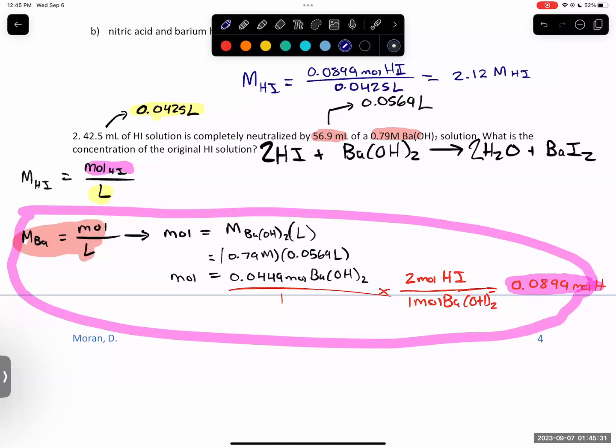All right, give me a second. See if I have any percent abundance problems on hand. This is isotope problems.